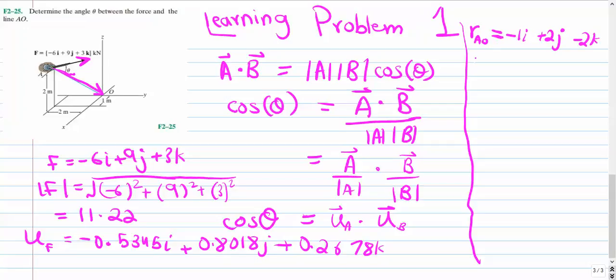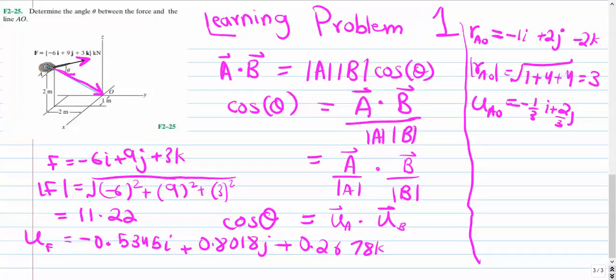The magnitude for this position vector is going to be 3. And now we can find the unit vector in the direction of AO. This unit vector is going to be negative 1 over 3i plus 2 over 3j minus 2 over 3k.